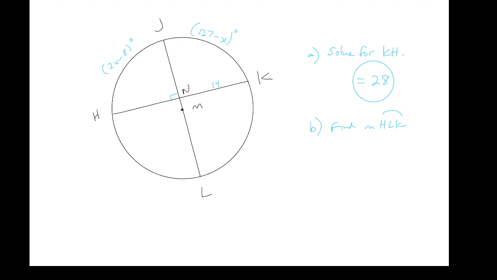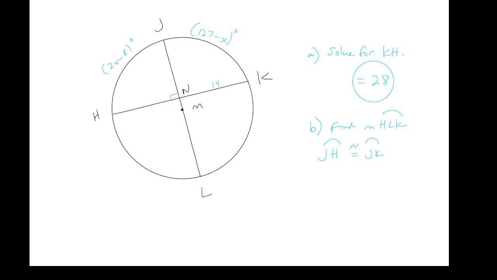All right. Well, remember, JH and JK as arcs have to be congruent. They have to be, right? Because this relationship exists.